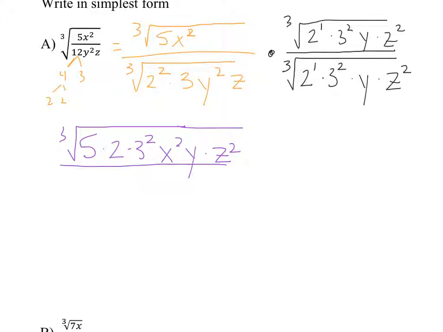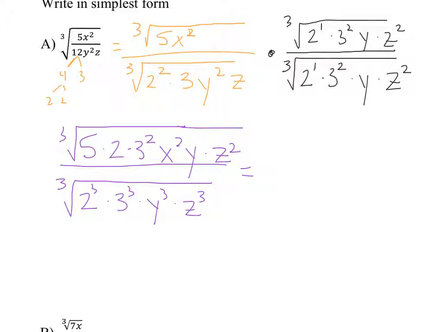And then on bottom, if you did it correctly, you technically do not have to write this step, but I'm going to rewrite it. So I have 2 squared times 2 to the first would give me 2 cubed. 3 to the first times 3 squared would give me 3 cubed. y squared times y to the first would give me y cubed. And z times z squared would give me z cubed.